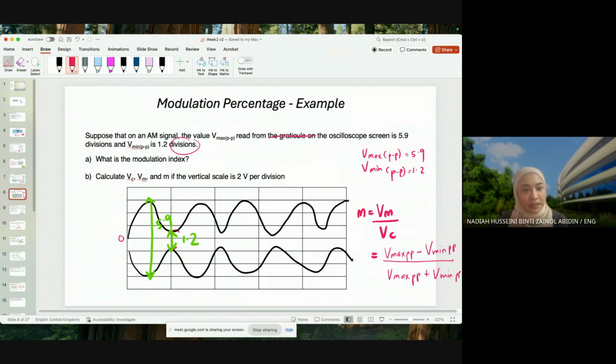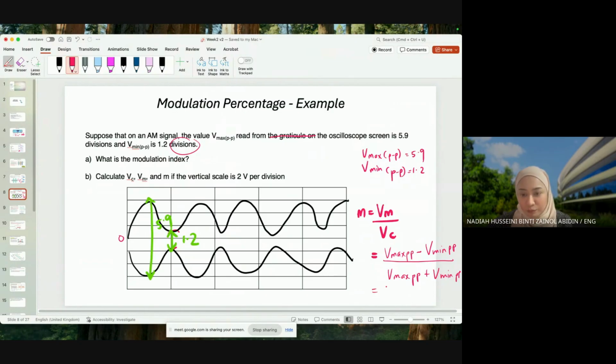The values are given. It's not in voltage, but we can still work with it because this is a ratio. When you have units that cancel out, you get the ratio. So Vmax peak to peak of 5.9 minus 1.2 is 4.7.